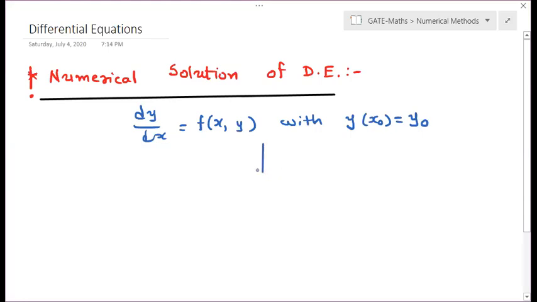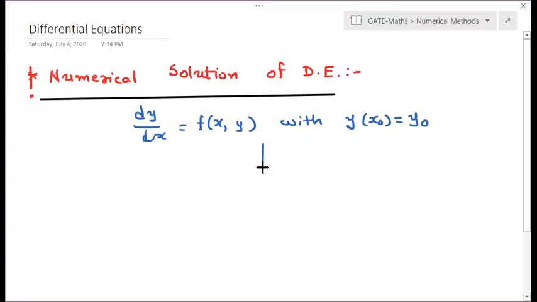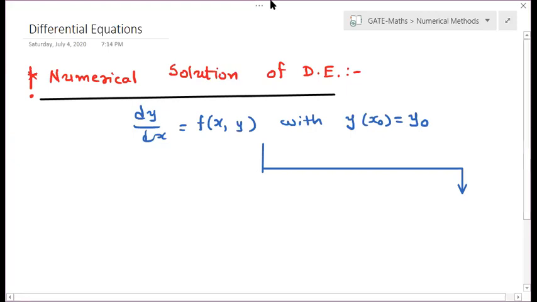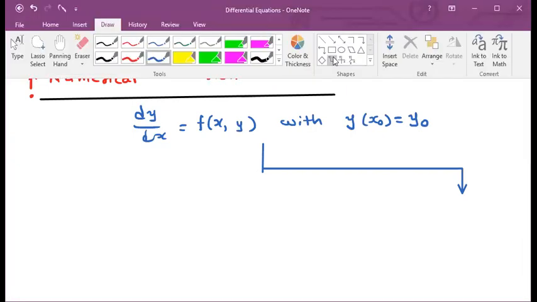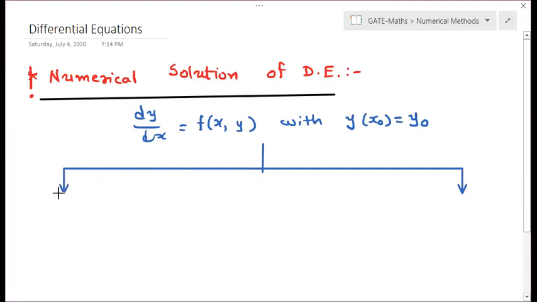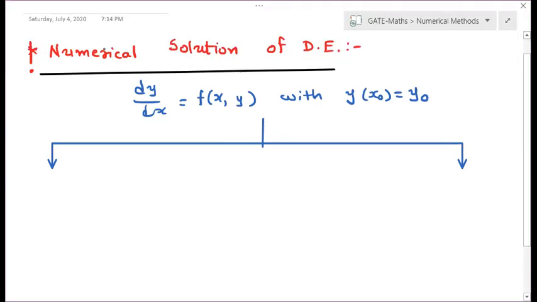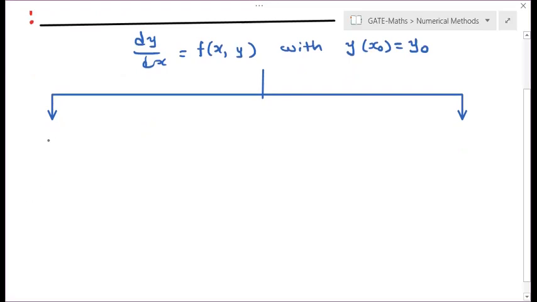So let us see the formulas of both these methods, and what the procedure of each method is. Now, the first method, Euler's method, or in foreign countries, its pronunciation is Euler.